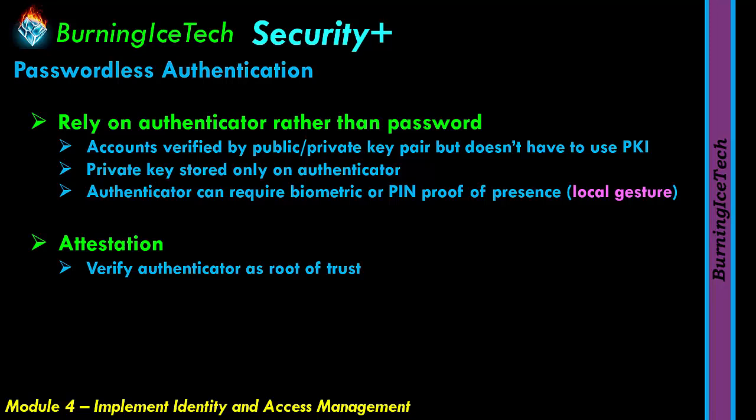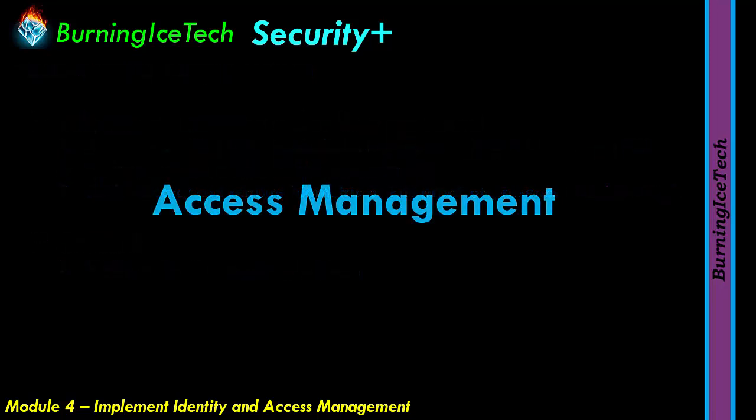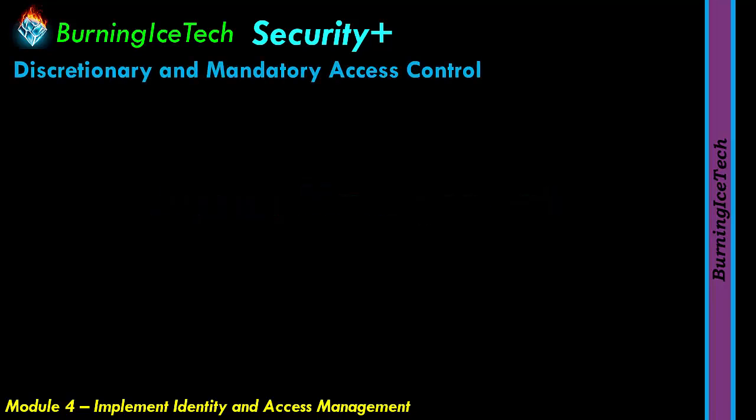Alright folks, I think we can finally move on to the second main section in this module, which is access management. The first topic in this second section is discretionary and mandatory access control. With this, the first thing I want to mention is the access control model.